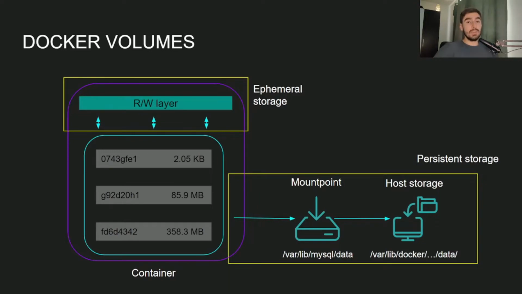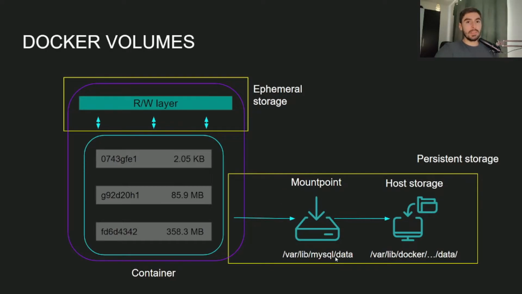And it's quite simple. You have two things to a volume. It's the storage location. You basically have a directory on the host, and in that host directory, that's where you put the data, and you mount that host directory as a path inside of the container.